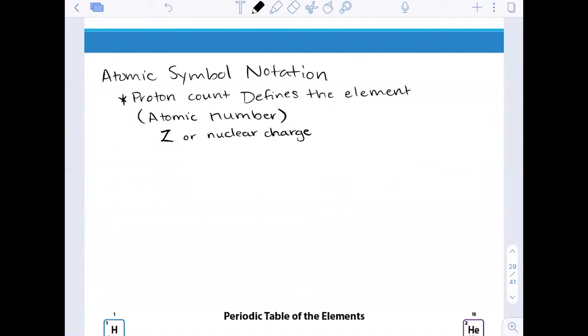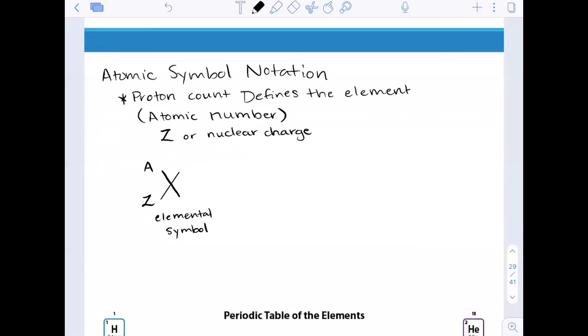We can write an elemental symbol as X. And from that elemental symbol, we can get a name. We'll talk about those in just a second. If we wanted to write a little bit more expression there, we could put Z in the bottom left-hand corner. That's the atomic number, the number of protons.